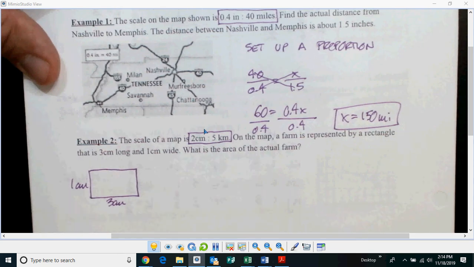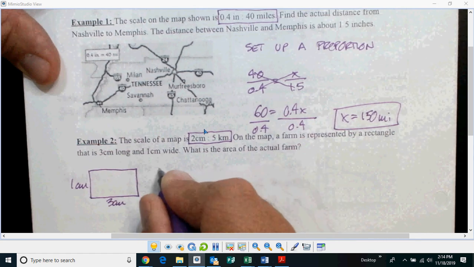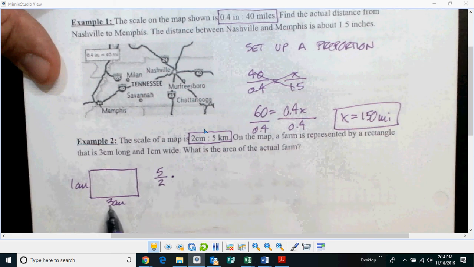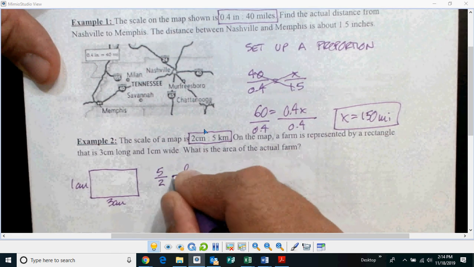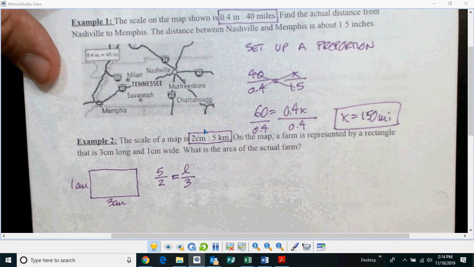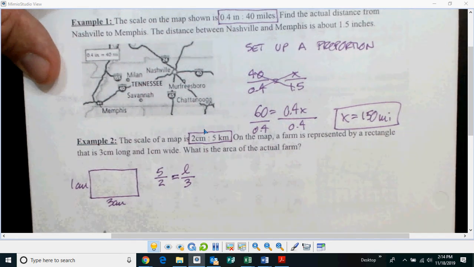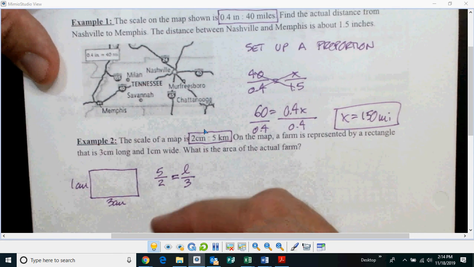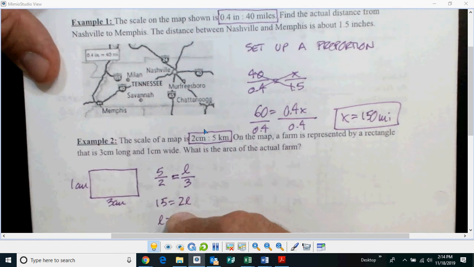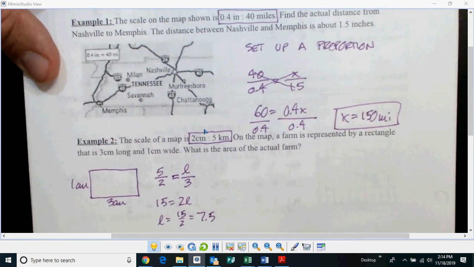So again, I set up the ratio. 5 kilometers is 2 centimeters, and to find the length, it's the length divided by 3 centimeters. So you cross multiply. 15 equals 2L. So L equals 15 over 2, which is 7.5.